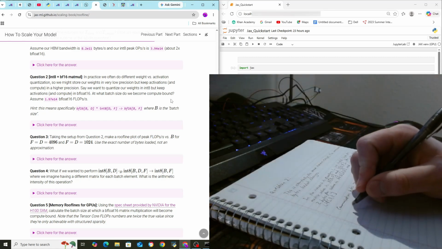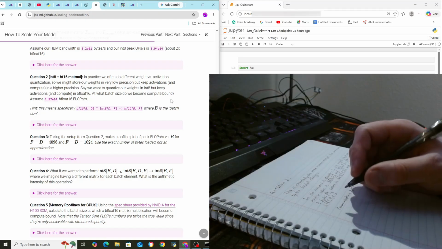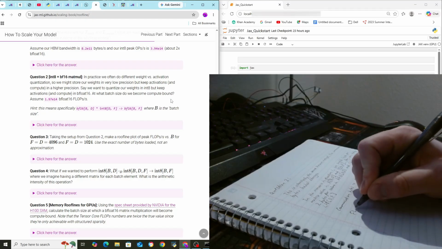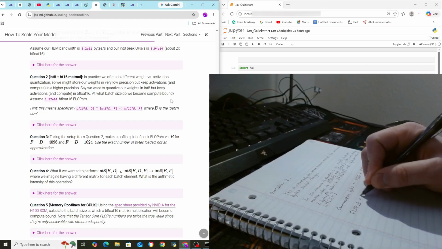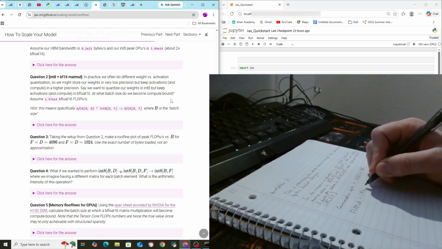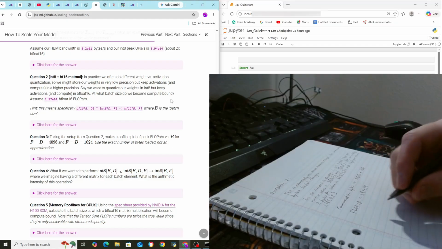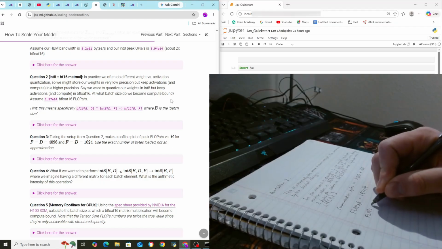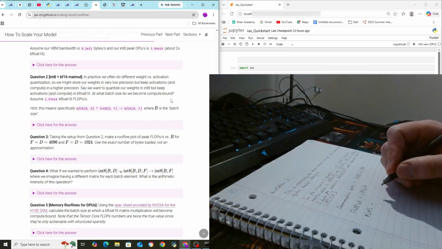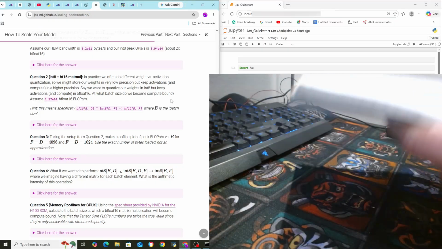Okay. And then floating point operations per second equals 1.97 E14. Floating point ops we actually do should be the exact same as before, right?